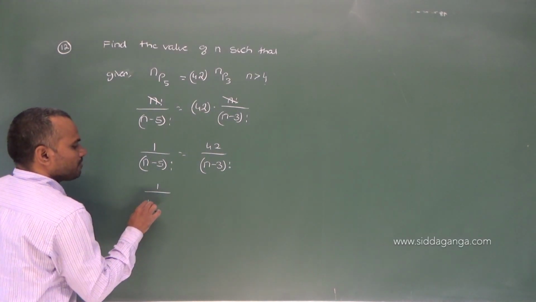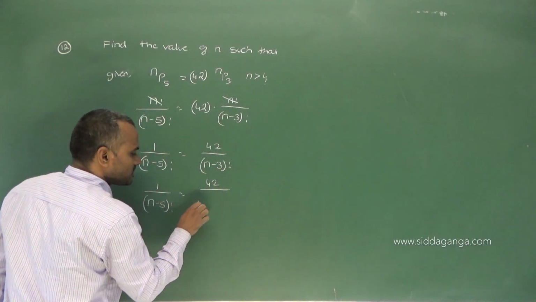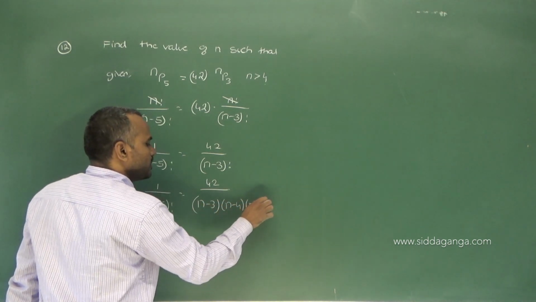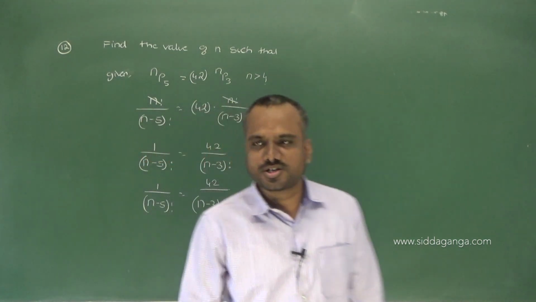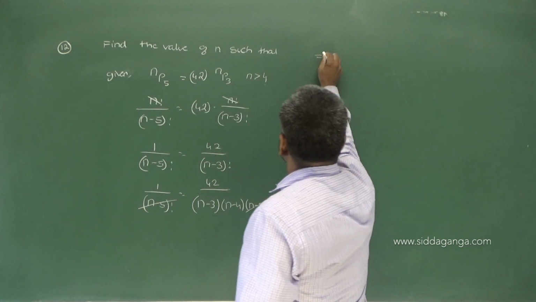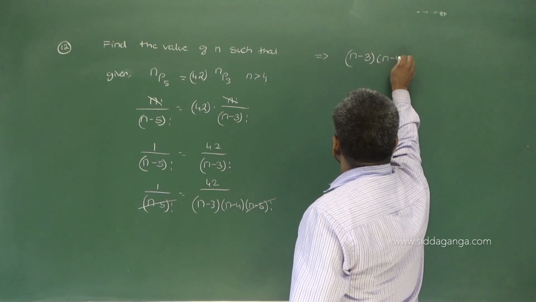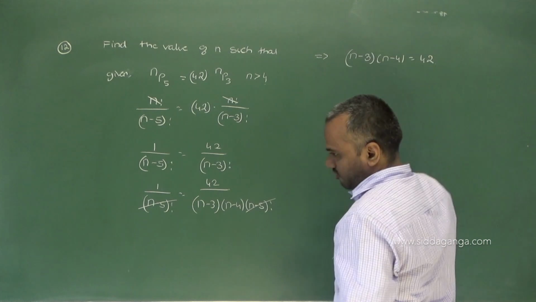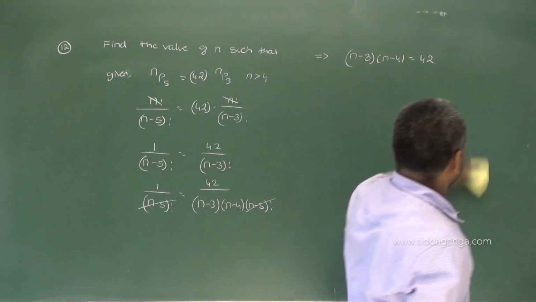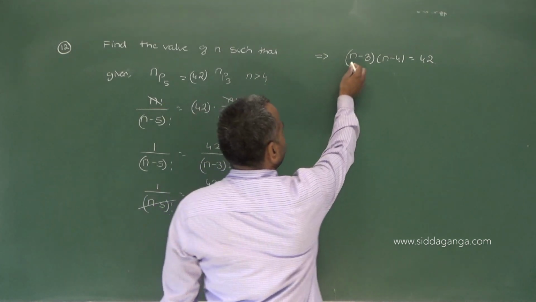This can be written as n minus 3 into n minus 4 into n minus 5 factorial. So n minus 5 factorial gets cancelled. That implies n minus 3 into n minus 4 is equal to 42.